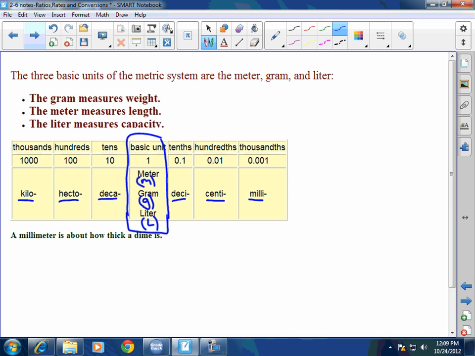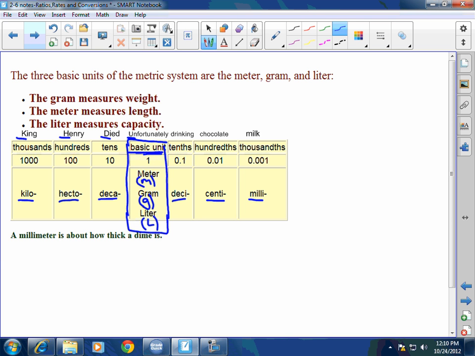Deci, centi, milli. A great way to remember this is King Henry died, unfortunately, drinking chocolate milk. King, K for king, K, kilo. Capital H, hecto. Capital D, deca. Unfortunately, the U is for basic units.